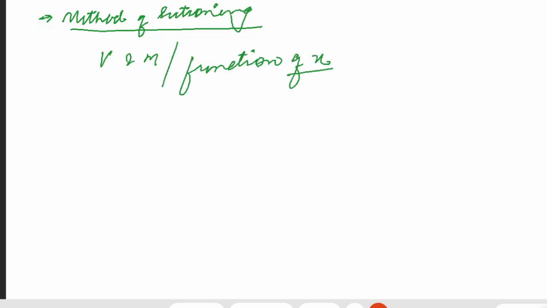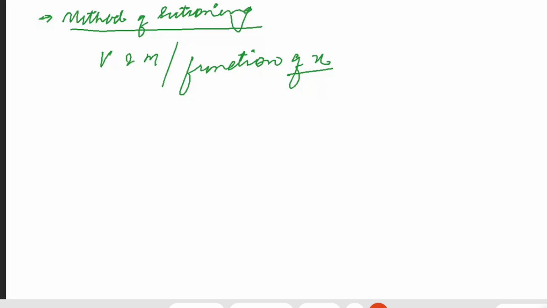Here the internal shear and bending moment functions will actually be discontinuous. It won't be continuous because shear force will vary along the length and the moment will also vary along the length, and their slopes will also be discontinuous. It won't be continuous at any point, whether that be a distributed load, a concentrated load, or even a couple.